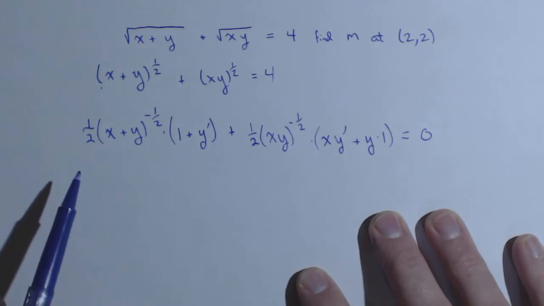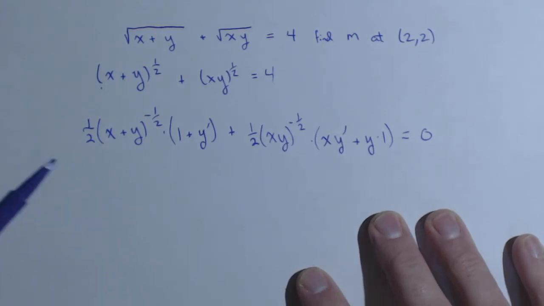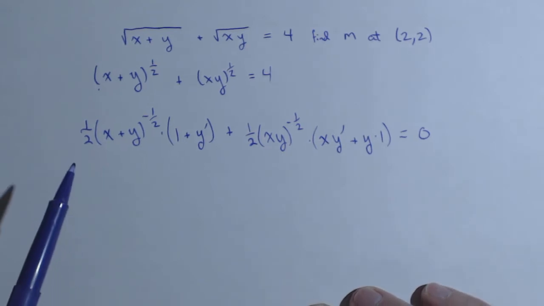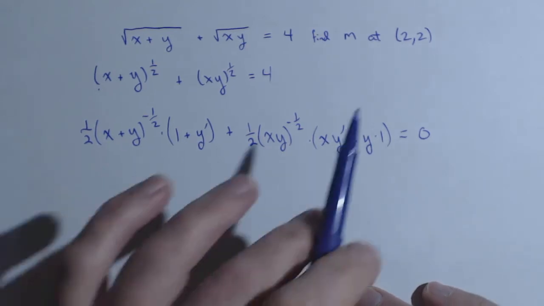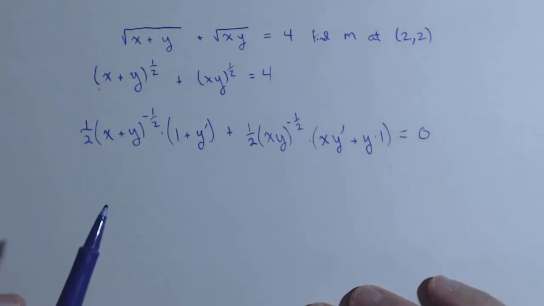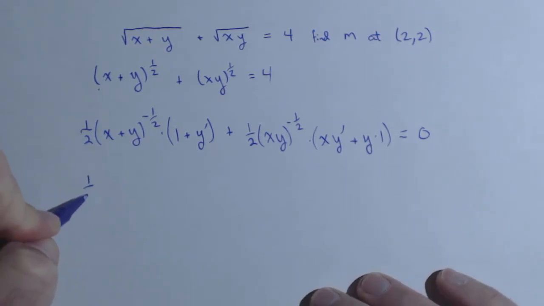Now at this point, we need to solve for y prime. Depending on what you have, that may or may not be easy to do. Well, remember, we're looking for the slope at a particular point, so we can make things a lot easier for ourselves by plugging in the (2, 2) now and simplifying, since it didn't ask us to solve for y prime.